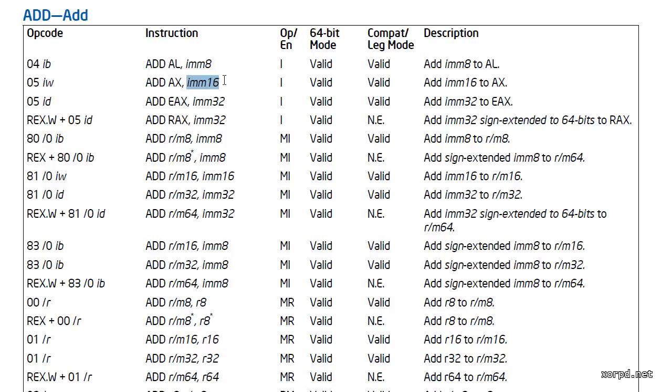IMM16 stands for an immediate of size 16 bits, which is a word, and this one stands for a DWORD. These are just different possibilities for the instruction.